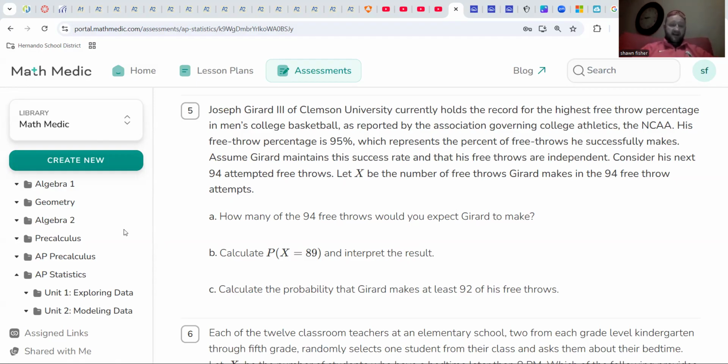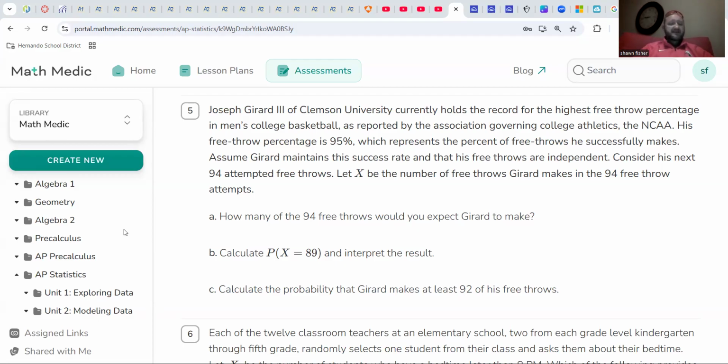I'm going to multiply that by my failures. 0.95 is success, 0.05 is my failure. I'm going to raise that to 5, since I've got 89 already accounted for and I need 5 more to make the 94. Okay, multiply all that together.